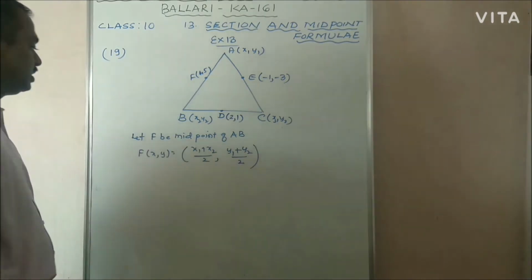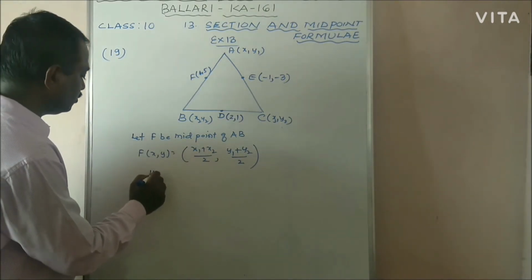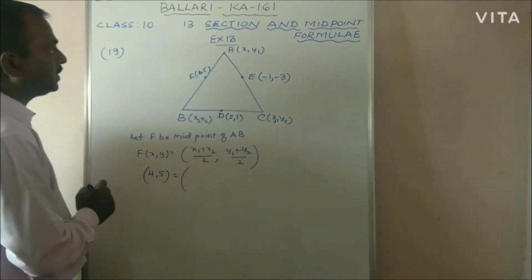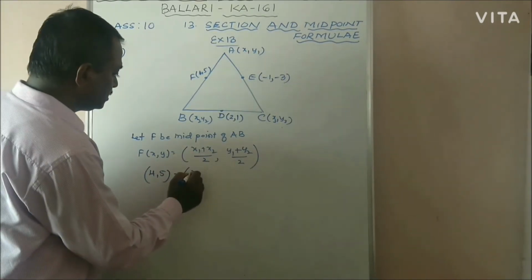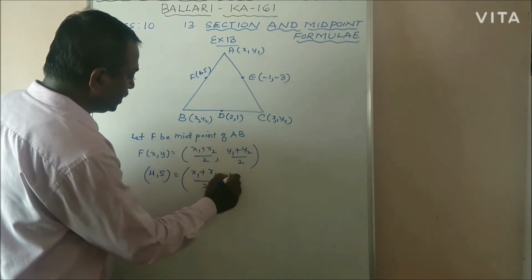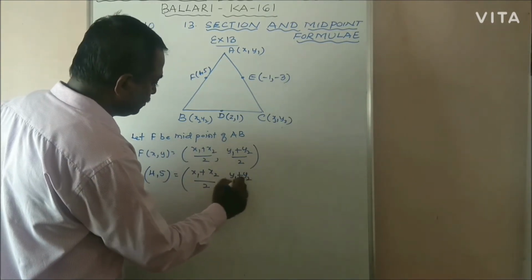Formula. Substitute the values. F value they are given, 4, 5 is equal to x1 plus x2 by 2, y1 plus y2 by 2.